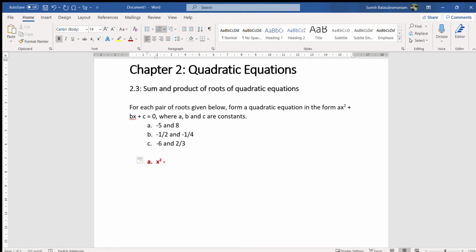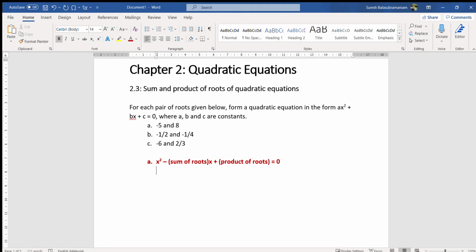So x squared minus sum of roots x plus product of roots equals to 0.